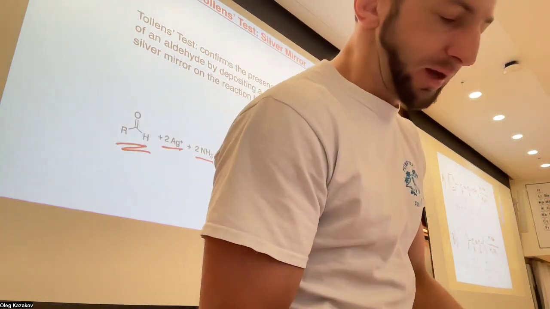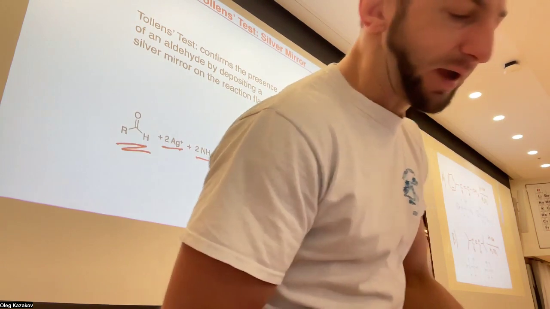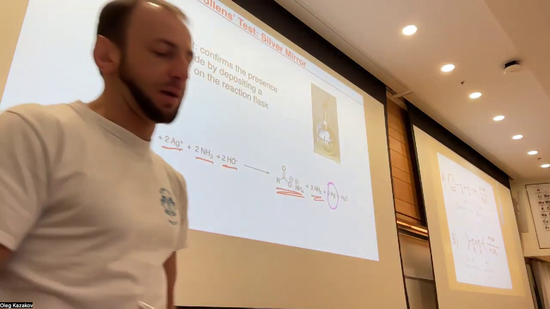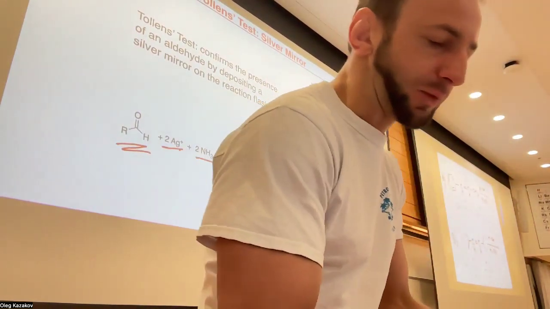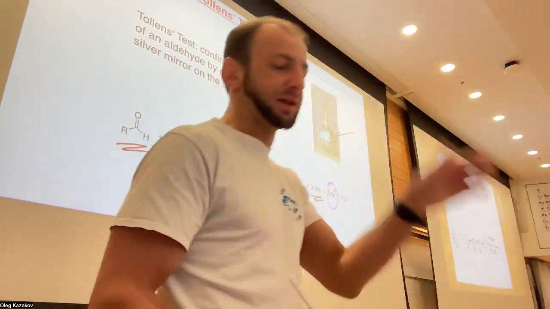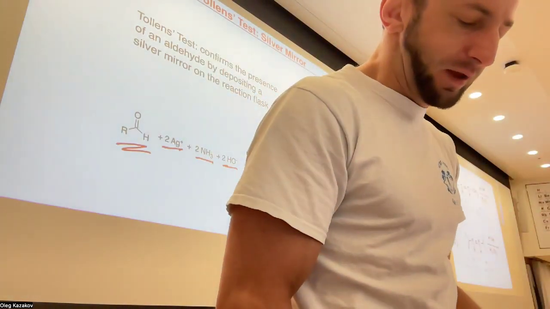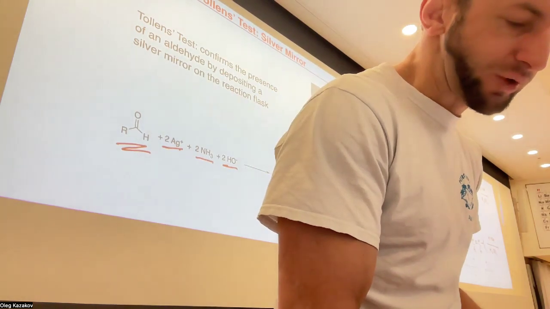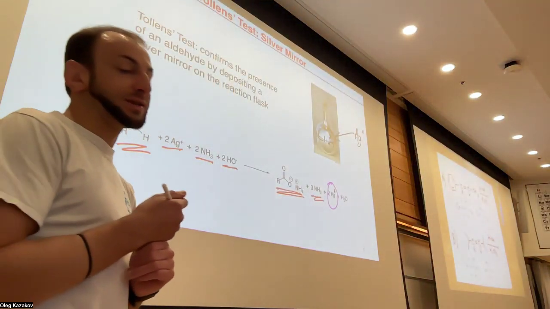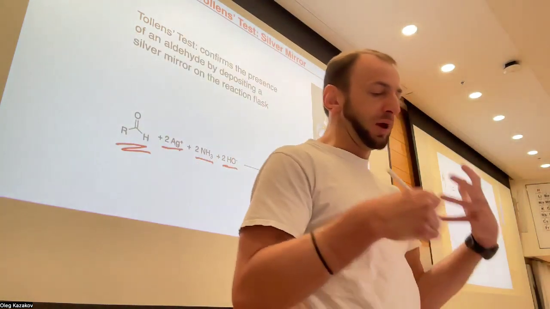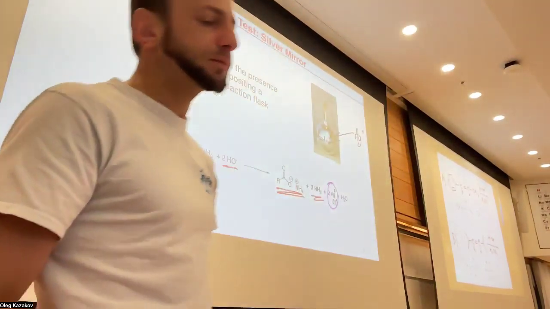Then you form ammonia, water, and Ag, which is pure silver with a charge of 0. It's going to be deposited inside the flask, a very interesting situation. That's your Ag with an oxidation state of 0, just like a pure metal, so we can say it's in the solid form.